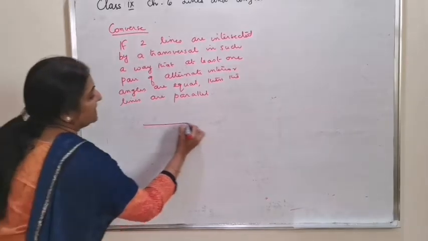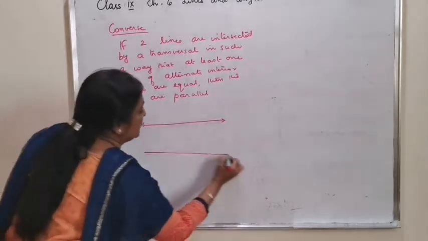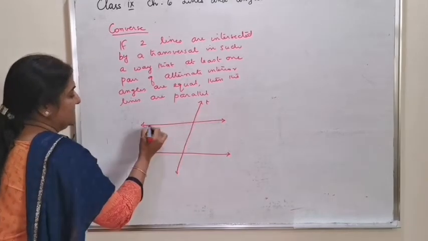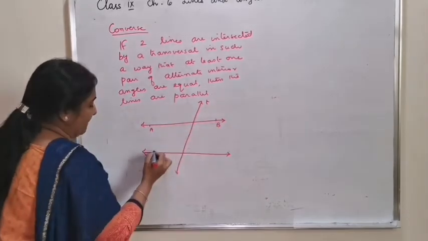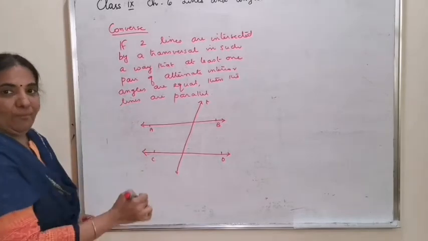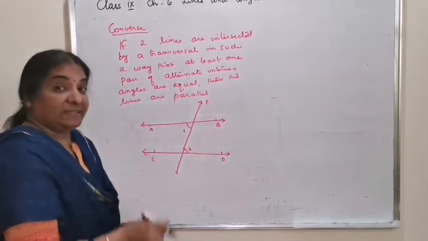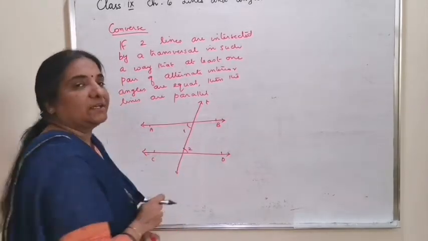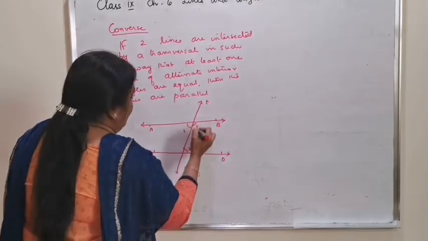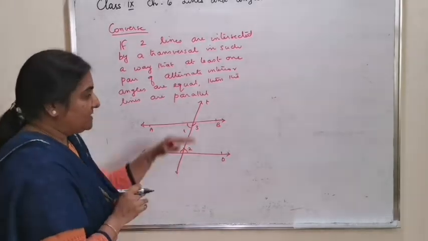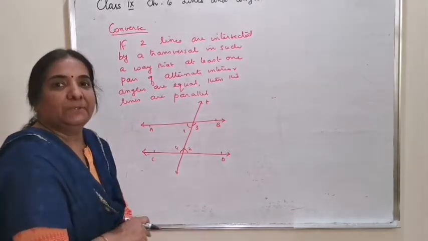So, the given condition is two lines AB and CD are cut by a transversal T and they are forming angles 1 and 2 as alternate, and the angles are equal. 3 and 4 is another pair which is equal. What is to prove is AB is parallel to CD.